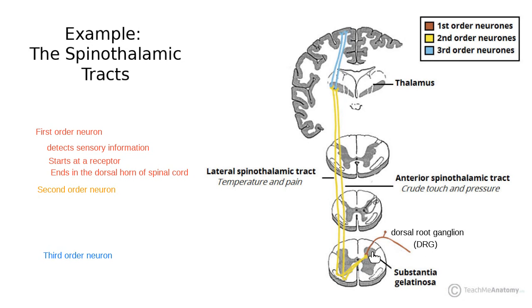Interneurons live in the dorsal horn. Motor neurons live in the lateral and the ventral horns. Remember that the motor neurons that live in the lateral horn control smooth muscle, so they're working with organs, and the motor neurons that live in the ventral horn are controlling skeletal muscle, voluntary contractions.